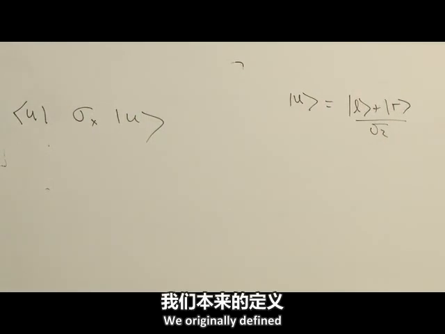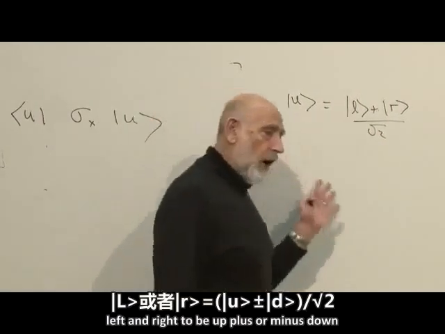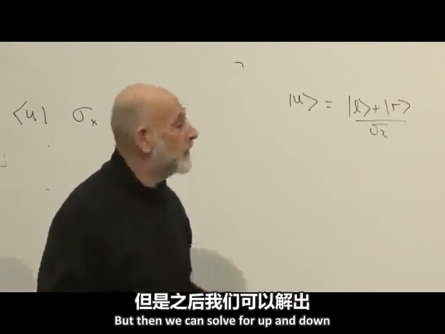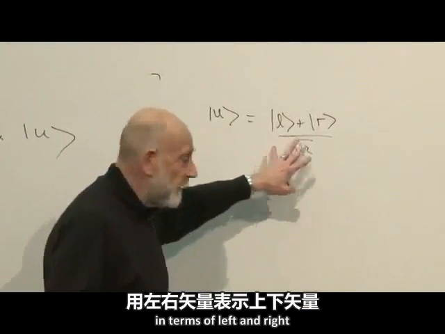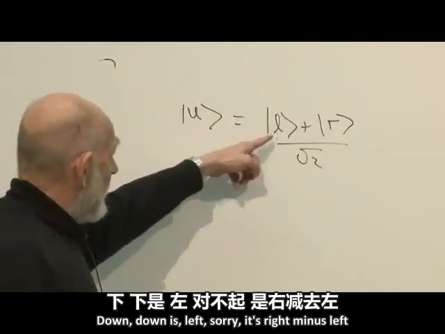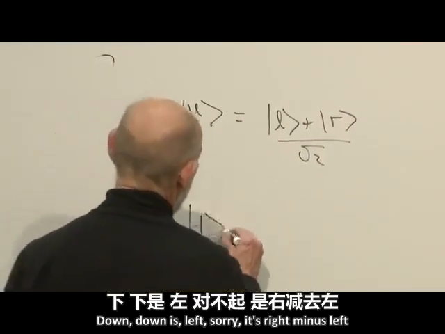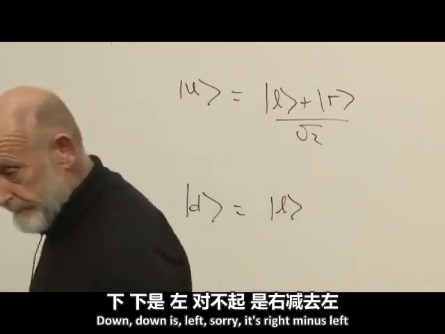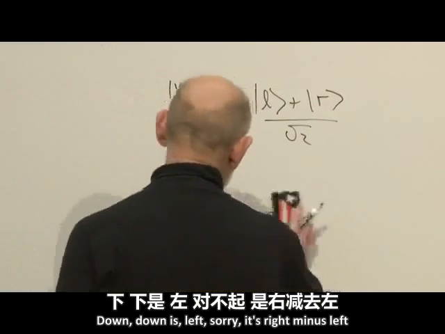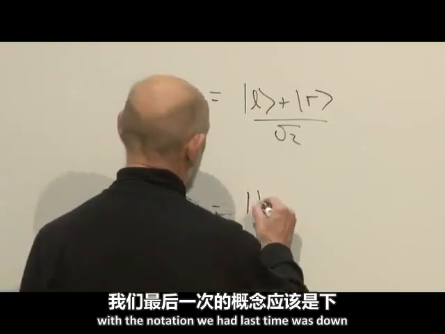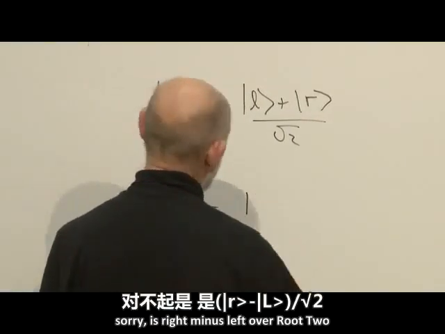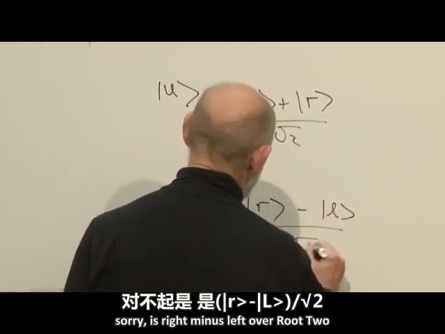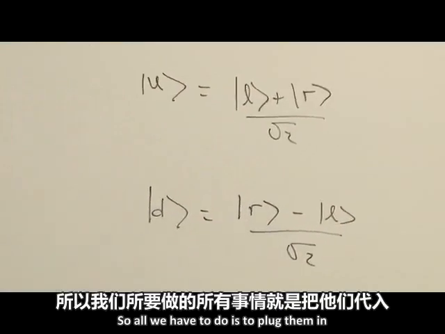We originally defined left and right to be up plus or minus down over the square root of 2, but then we can solve for up and down in terms of left and right. Down is right minus left over root 2. So all we have to do is plug them in.